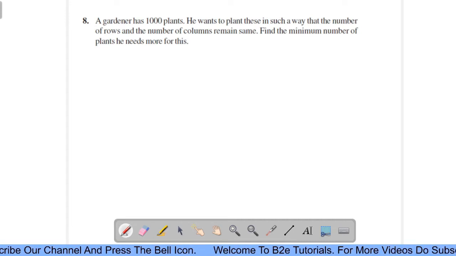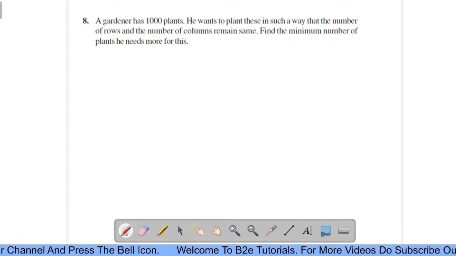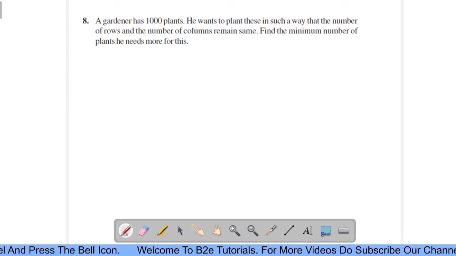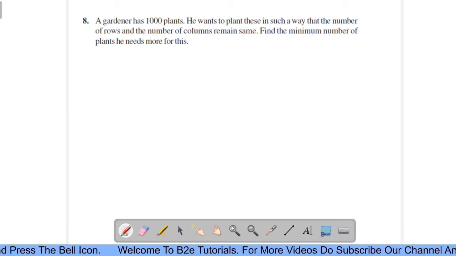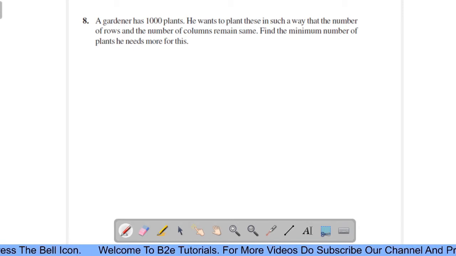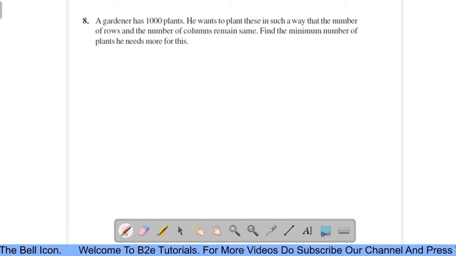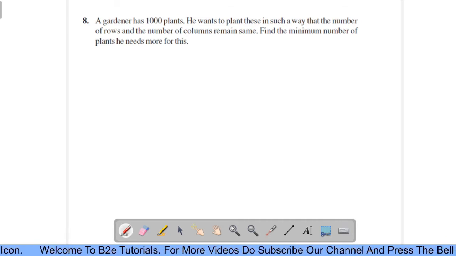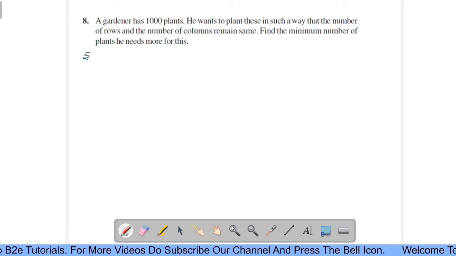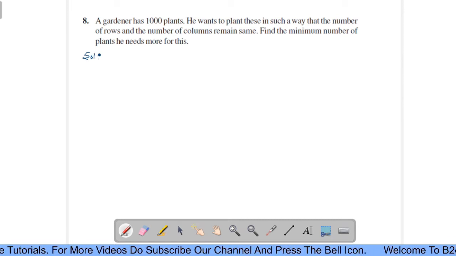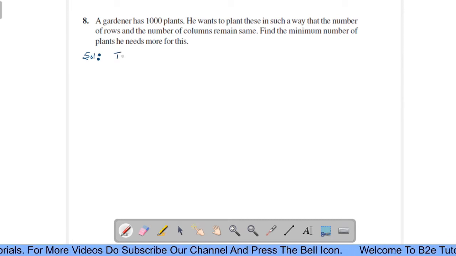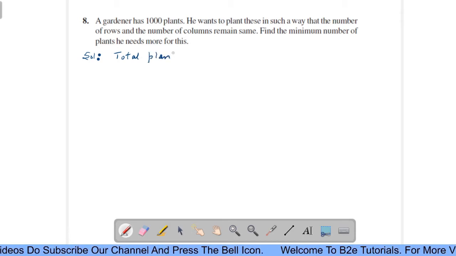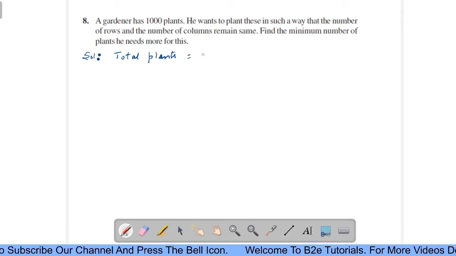Question number 8. A gardener has 1000 plants. He wants to plant these in such a way that the number of rows and the number of columns remain the same. Find the minimum number of plants he needs more for this. Solution: total plants, it is 1000.